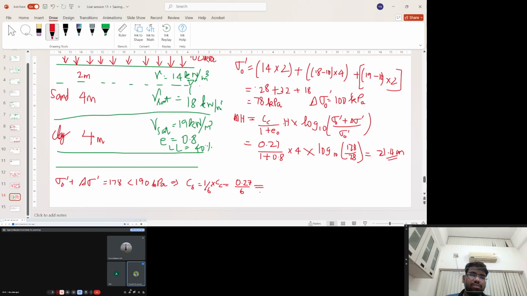How much are you getting? 0.036. No, it should be greater than that, 0.04. 0.27 divided by 6. You are asking what is Cs? Cs is 0.045. And now we can substitute this in the same equation.